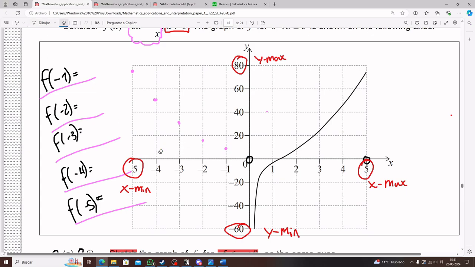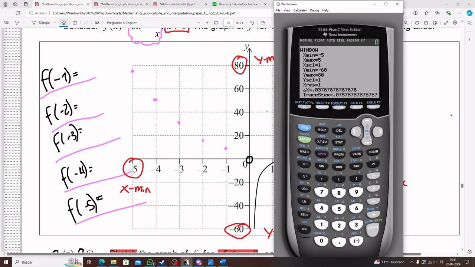And each of the squares on the y-axis is jumping by 20. So if you want to make it super accurate, you could change your YSCL to 20. The SCL is the scale, like each square is going to be 20, right? For the X, each square is going to be 1. So now you can graph, and now you end up with something literally like the diagram showing.